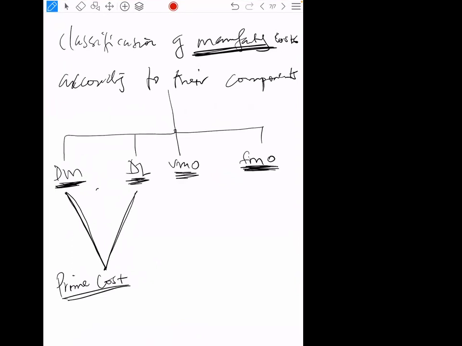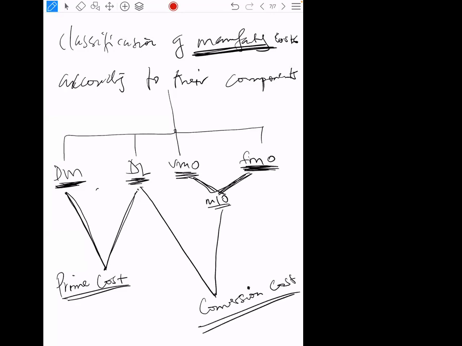If I take these two, remember we say these are manufacturing overheads. If I take my direct labor and my manufacturing overheads, I get conversion costs. These are the costs incurred to convert direct material into a finished product.